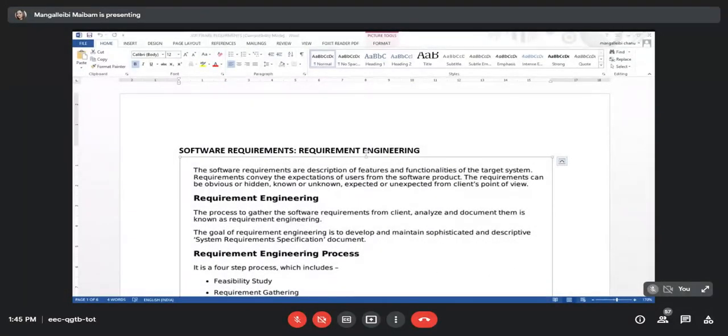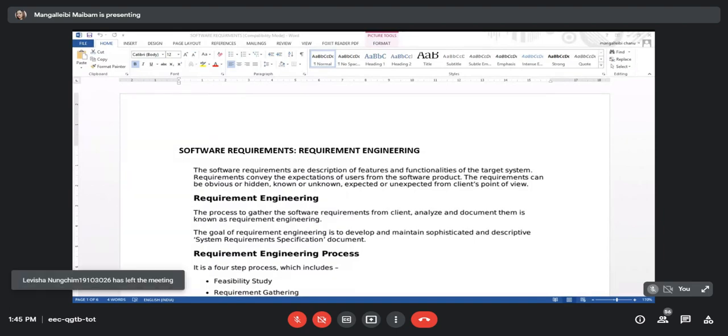Okay, so now, same we have software design also. In software design, we will be having architectural design, we will be having high level design, and we also have detailed design. So three types of software designs are there.